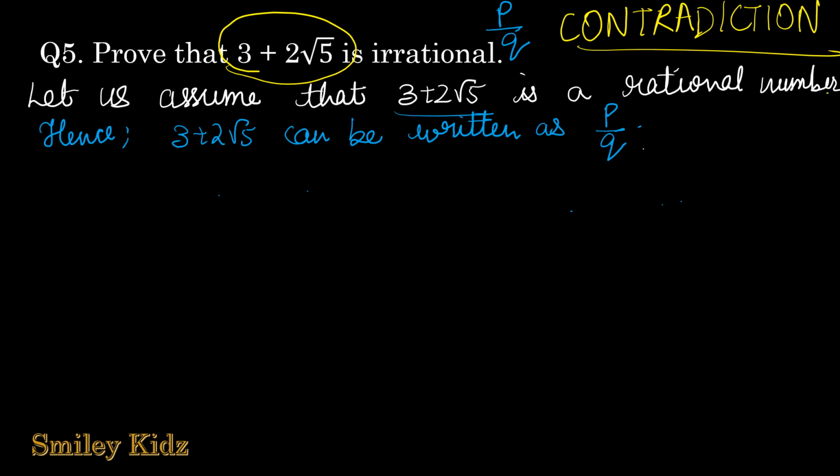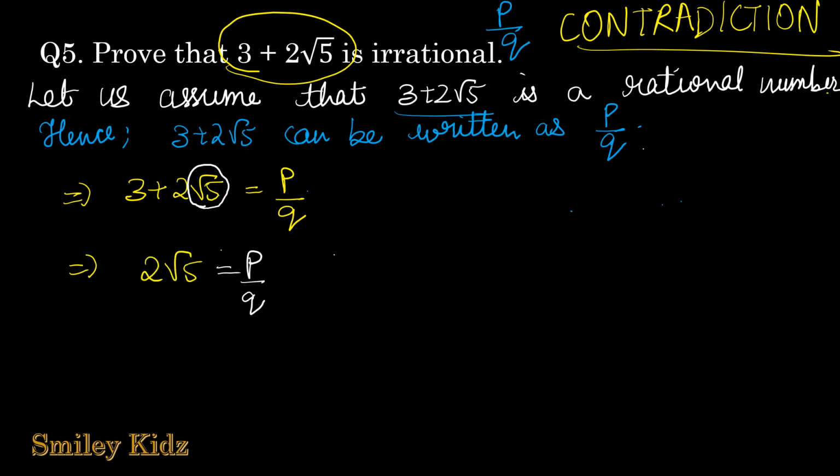This means in the next step I'm going to write it as 3 plus 2 root 5 is equal to P by Q. Now, in this particular 3 plus 2 root 5, we already know that root 5 is irrational. So, I'm going to make root 5 alone. That means 2 root 5 is equal to P by Q minus 3.